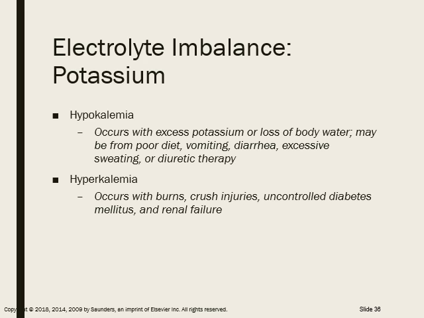Hypokalemia refers to a potassium level of less than 3.5. This occurs with excessive potassium or loss of body water, which may be a result from poor diet, vomiting, diarrhea, excessive sweating, or diuretic therapy.